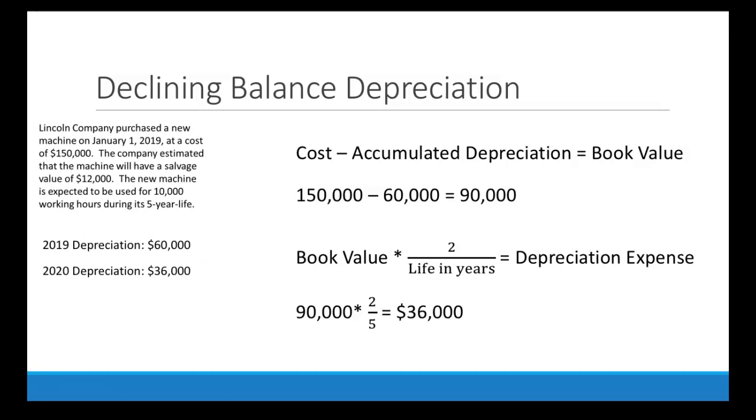Because I have that the straight line rate is 1 over the useful life years, but double the rate is 2 over the useful years. Will it state which one we're going to be using, or are we automatically assuming that it's always going to be double the straight line?